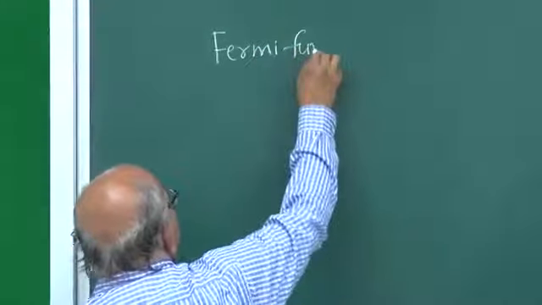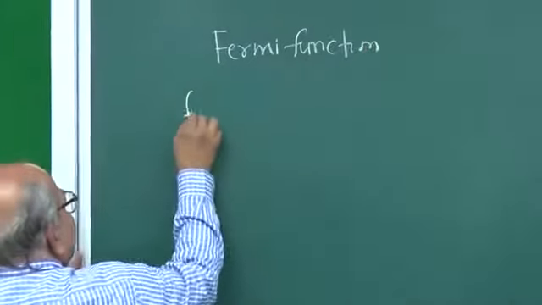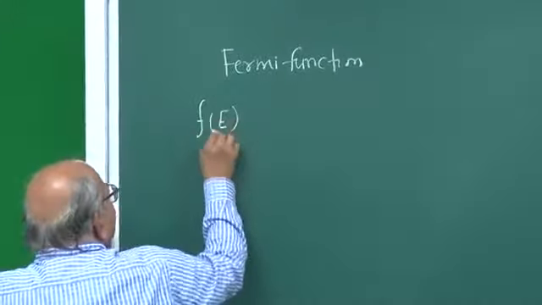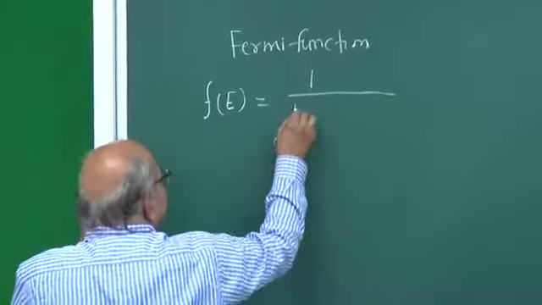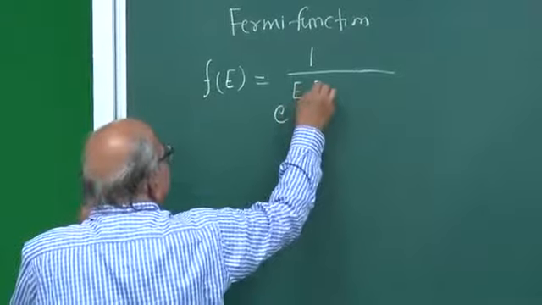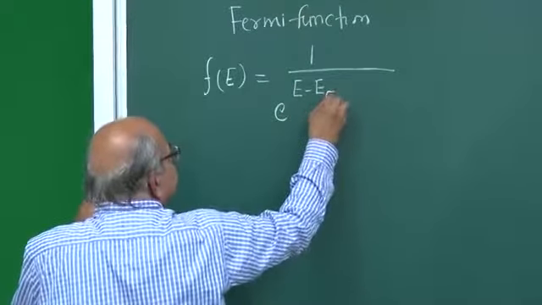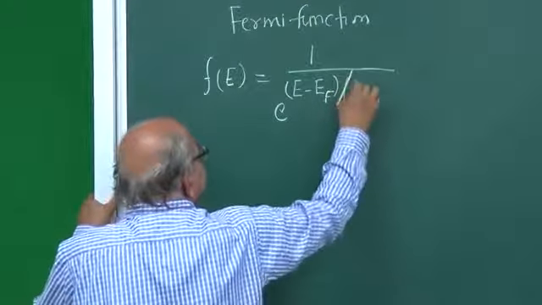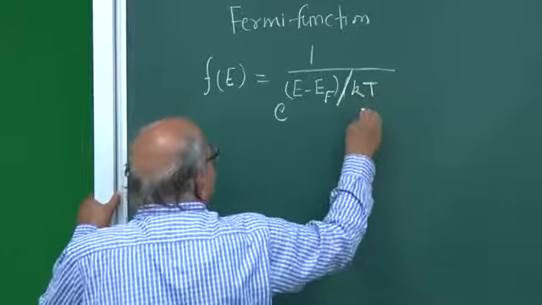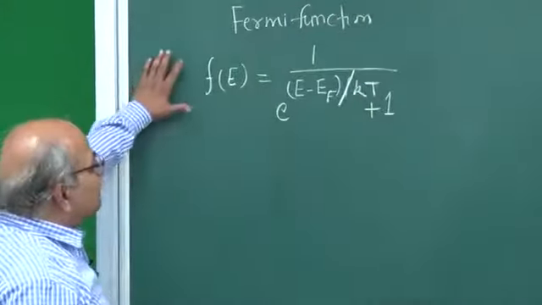First, let me write this function. This is a function of energy, and it is written as 1 divided by e to the power (E minus EF) divided by kT, plus 1.